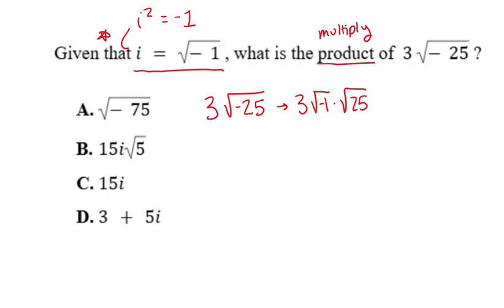So here we're separating our -25 into the square root of -1 and the square root of 25. So you know from the definition here that the square root of -1 is going to equal i, and then the square root of 25 is going to equal 5. So we have 3 times i times 5, 15i.